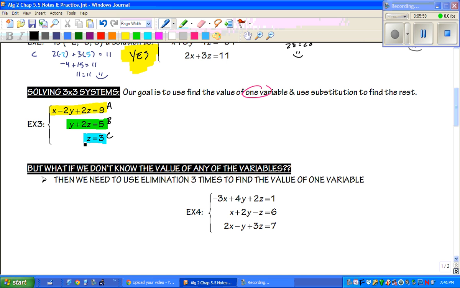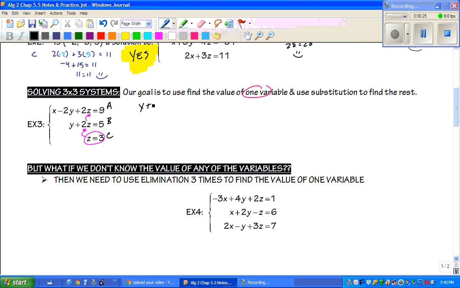And now the nice thing, look at C, okay? z equals 3, we already know what one of the variables is. So what that means is I can take my answer z right here, and then I can plug it in. And then I'll find out what y is. And then we'll plug it into that one, okay? So let's take a look.